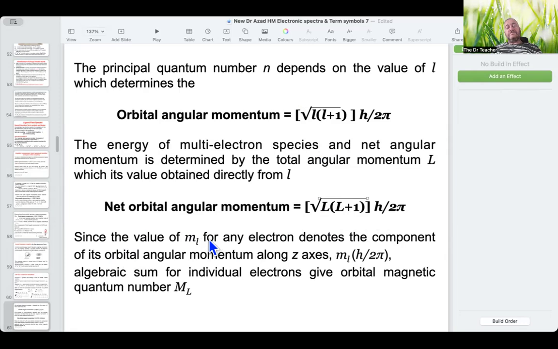Since the value of ML for any electron denotes the component of its orbital angular momentum along the z-axis, ML is this one. The algebraic sum of the individual electrons' orbital magnetic quantum numbers is ML. That's for the total.